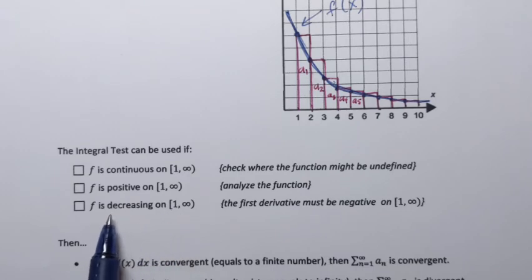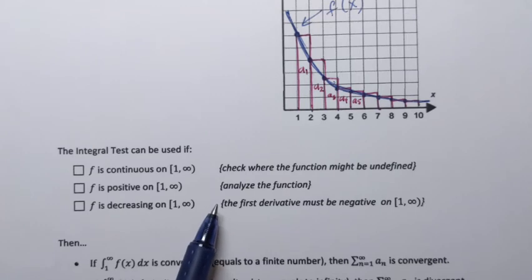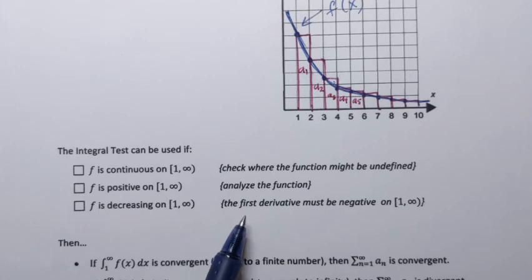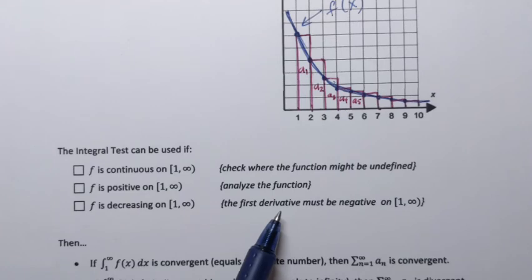And then finally, to determine if it's decreasing. For some functions, if it's a somewhat simple function, it might be obvious that it's going to be decreasing based on the structure of the function. Now, if it's not that obvious, then to determine if the function is decreasing, we have to find its first derivative. Remember, the derivative represents the slope of the tangent line.